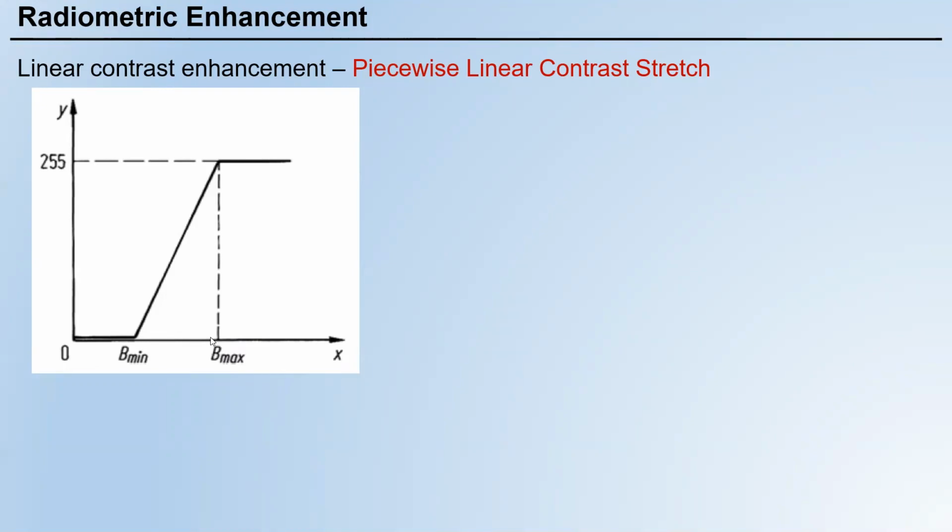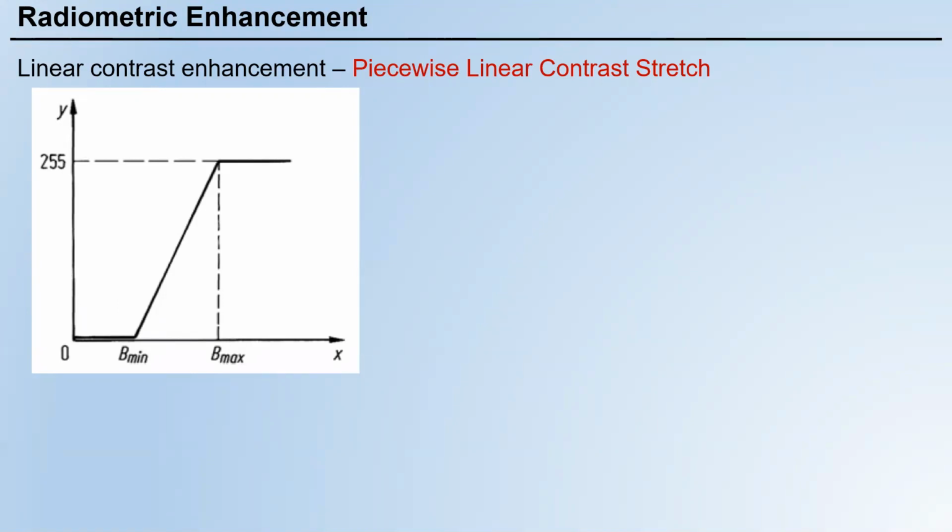It's a relatively narrow range, right? And for the output image, after the enhancement, this is what we want. The dynamic range should be from 0 to 255. So obviously, the output range from 0 to 255 is wider than the input dynamic range, which is from Bmin to Bmax. Okay, so this is the purpose.